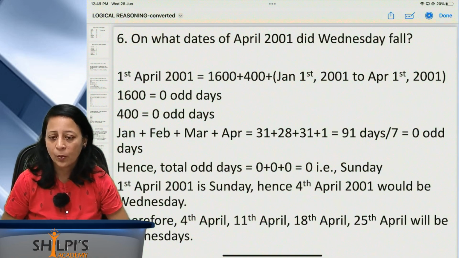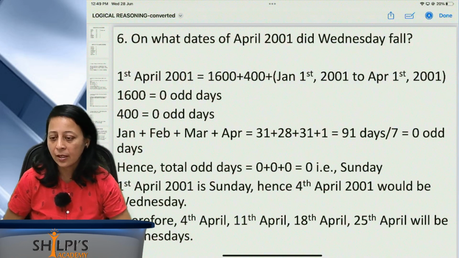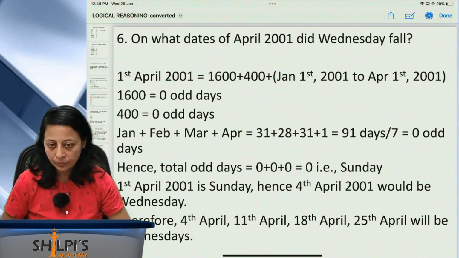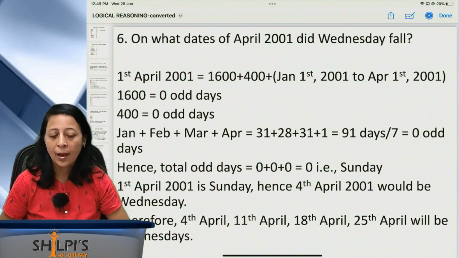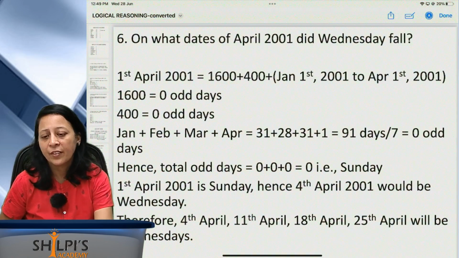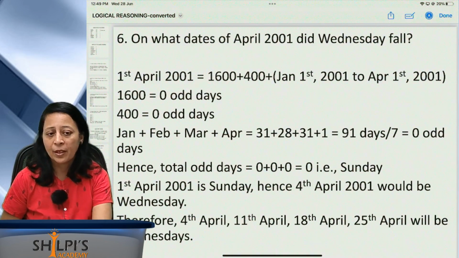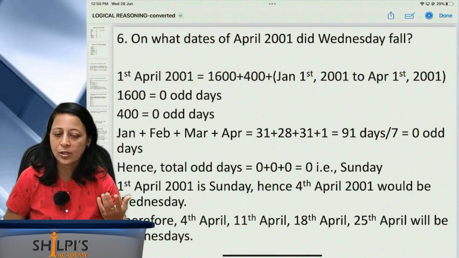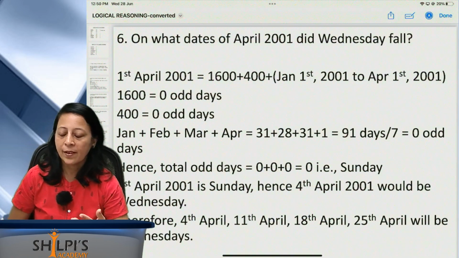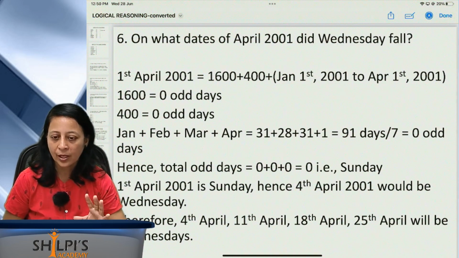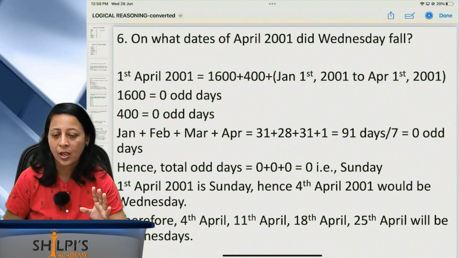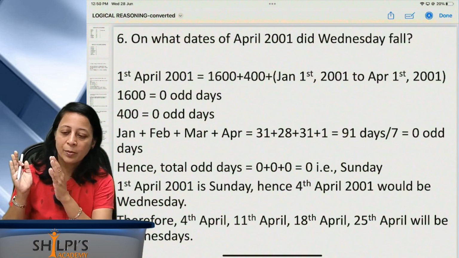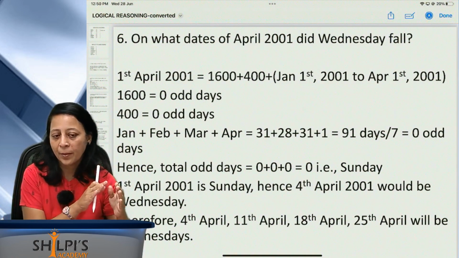For 1st of April 2001, instead of counting the base year as 1600, we can also take it as 2000, because 2000 is divisible by 400, so it is 0. Till 2000 it is over for us, so we only have to calculate from January 1st till 1st of April.